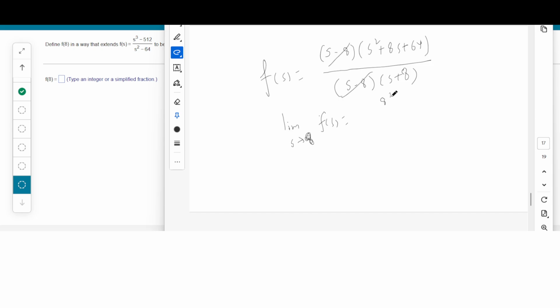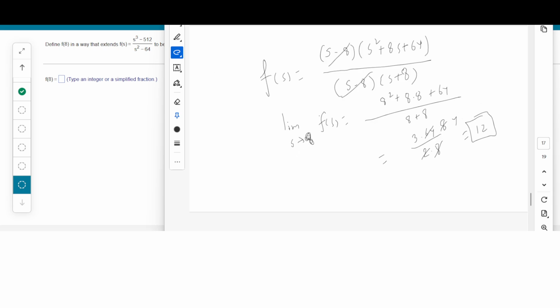That would be 8 squared plus 8 times 8 plus 64, divided by 8 plus 8, which is 16. That is actually 64 plus 64 plus 64, which is 3 times 64, and this is 2 times 8. If you simplify, it would be 12. The limit of the function as s approaches 8 is 12.